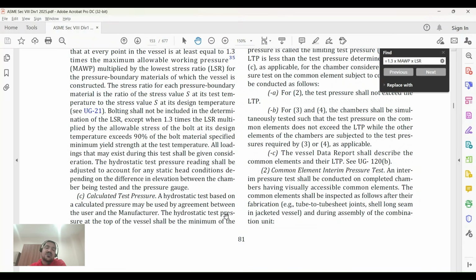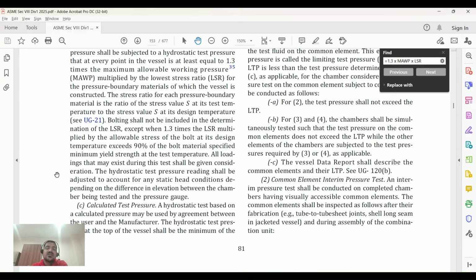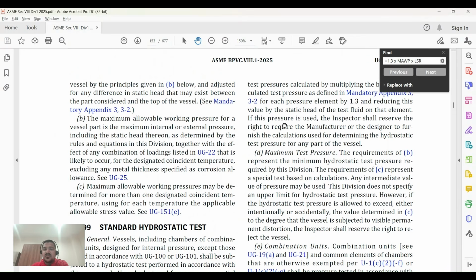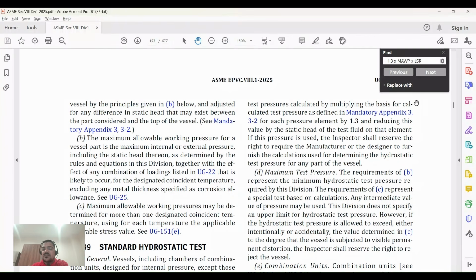The hydrostatic test pressure at the top of the vessel shall be the minimum of test pressure calculated by multiplying the basis for the calculated test pressure as defined in Mandatory Appendix 3, 3-2 clause for each pressure element by 1.3 and reducing this value by the static head of the test fluid on the vessel on that element.